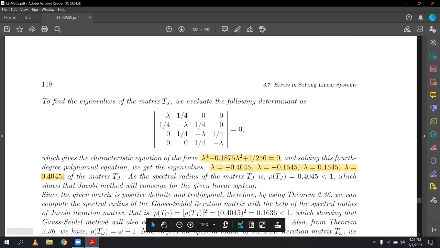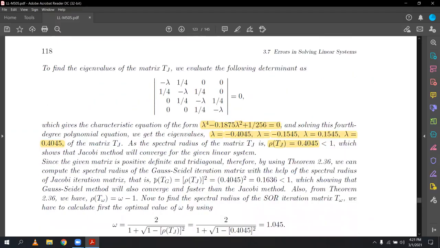Then you have to take which one is the maximum, and the maximum is this one, and this is less than 1. Then you have to calculate directly from the condition which I give you for the TG, also less than 1, and 1.6 here.